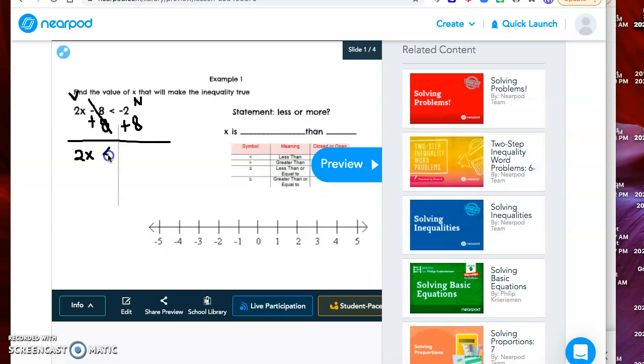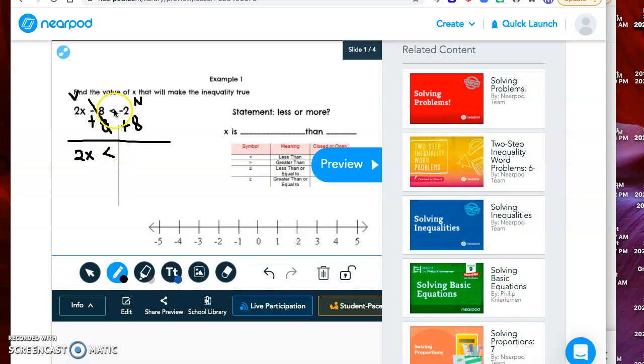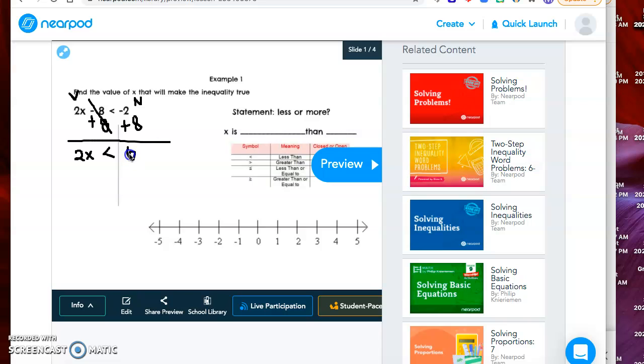is here less than. So you have to put the same sign that it gives you. And -2 plus 8 is the same as 8 minus 2, which is 6. Right?